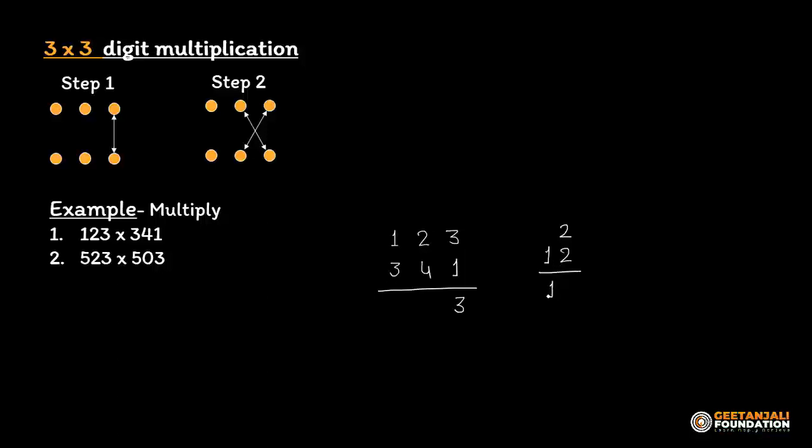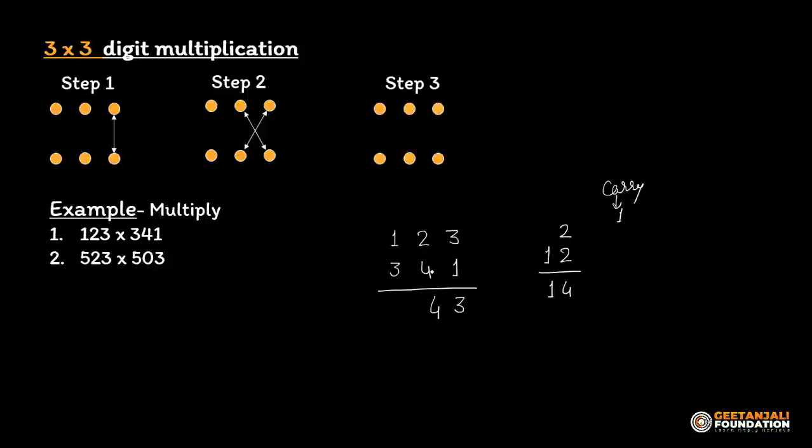So you have 14 over here. So 4 is the answer and 1 is your carry. I will write it a little closer. This 1 is your carry. And now move towards the left further.